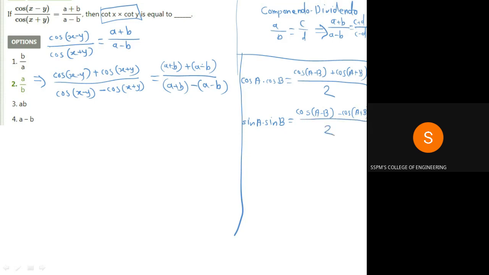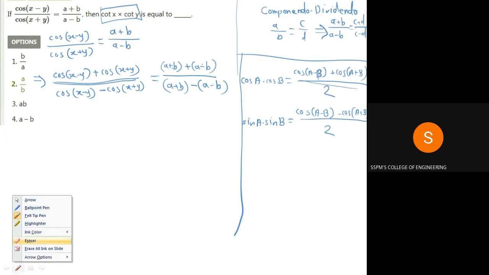So if you look properly, this numerator looks like this part. Therefore, we can use these formulas. A moment.